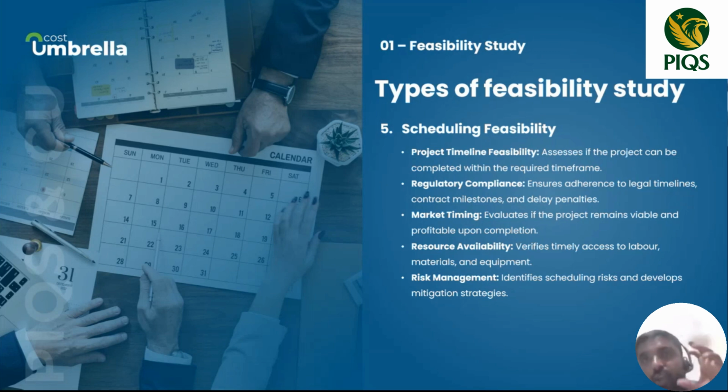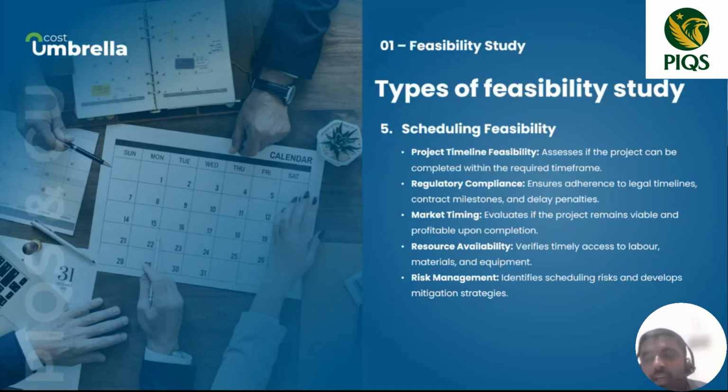When you're developing a project for such an event, you have to check whether you are able to complete it on time, even by increasing the resources. You cannot always complete a project by increasing the resources. You should know the optimum time for each and every activity in your construction, so you have to check that as well.